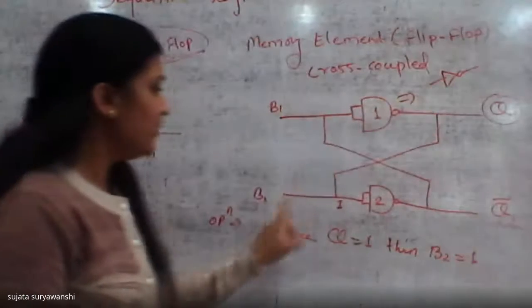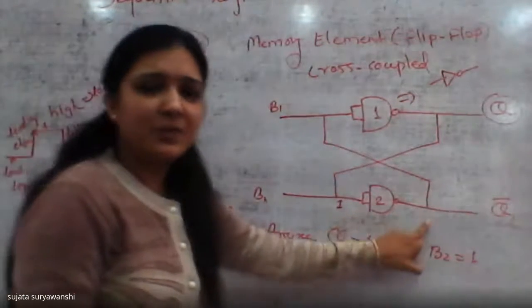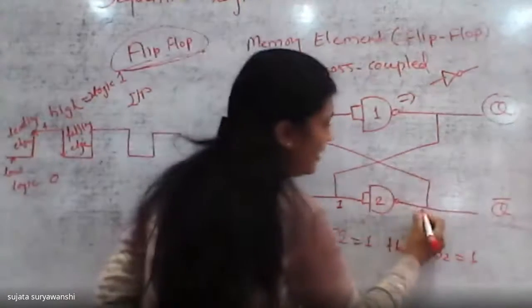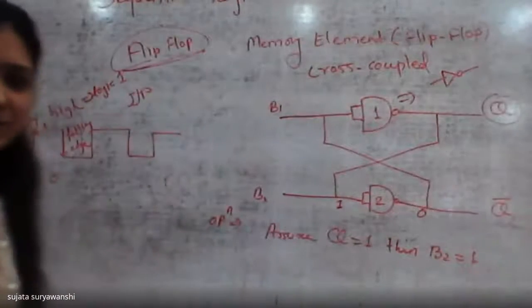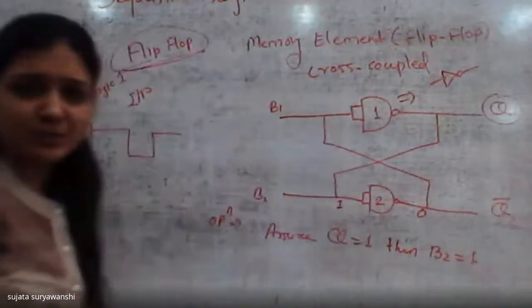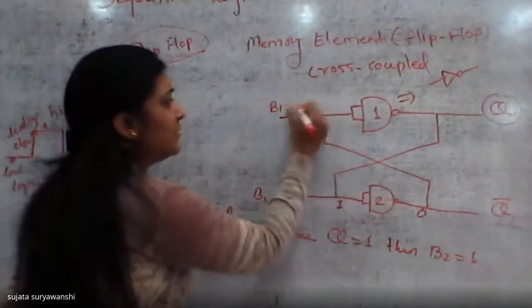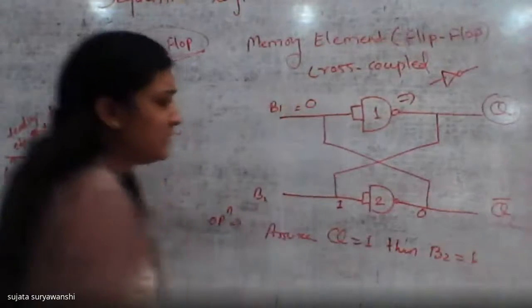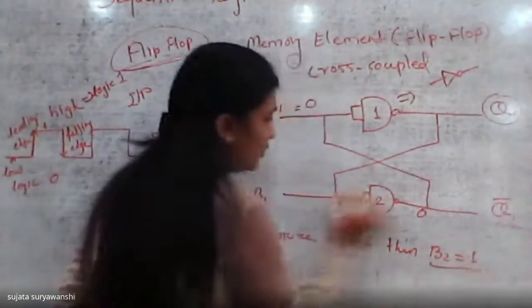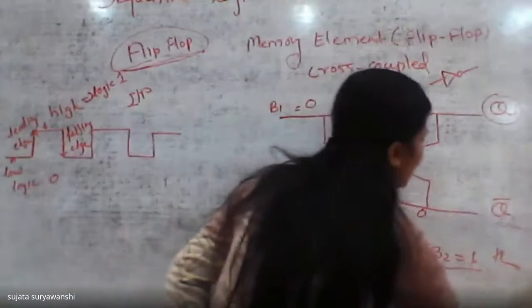Whatever input you give, the output will be the reverse of the input. Here, if the input of this NAND gate is 1, then the output becomes 0. Then this output is connected to the input of the first one, so V1 becomes 0. Now Q complement is equal to 0.